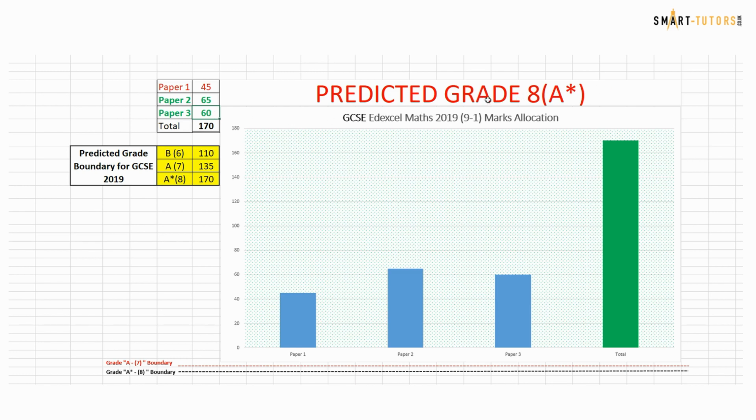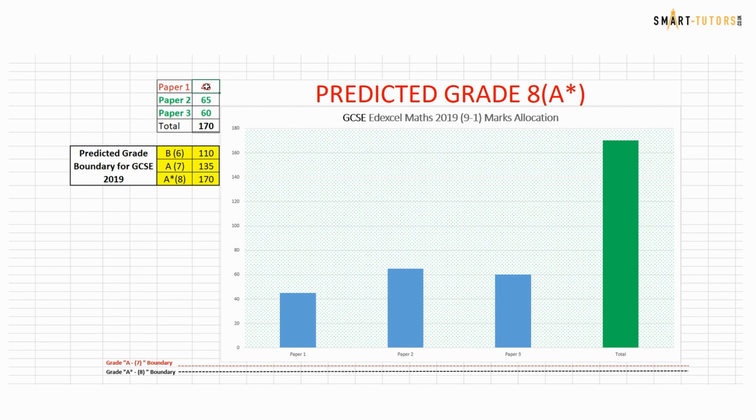So the predicted grade, if you are getting 45, 65, 60, which secures 170, is a marginal A star for your GCSE maths. So remember, in your upcoming papers, paper 2 and paper 3, you got to score more than 60 marks.